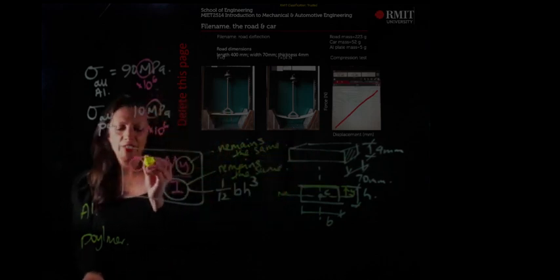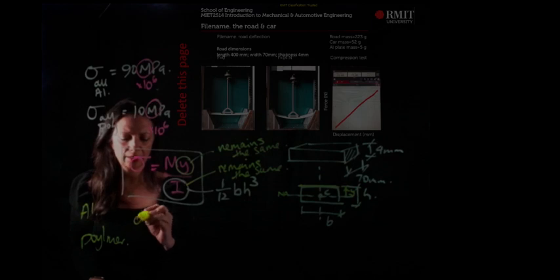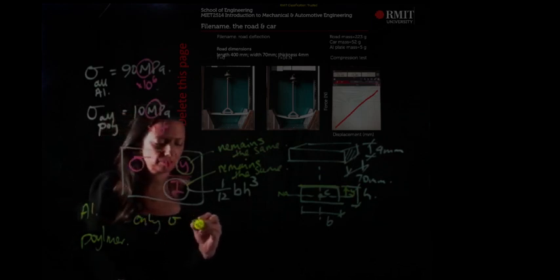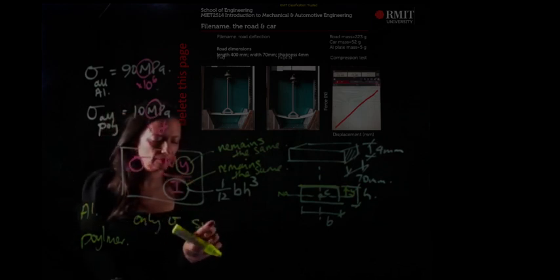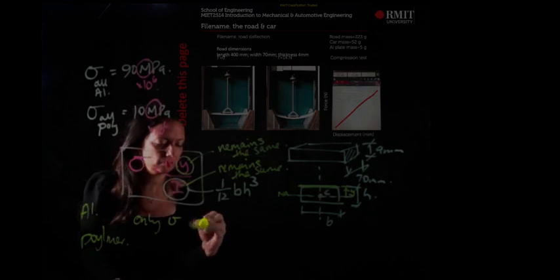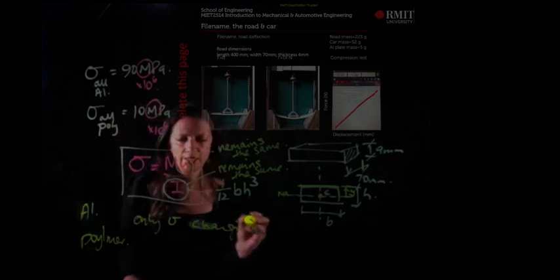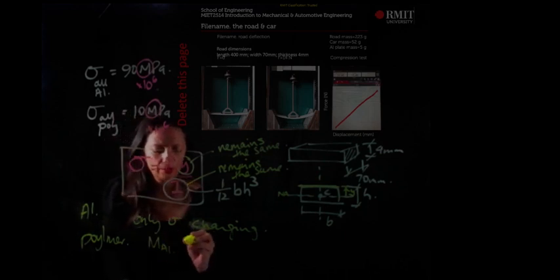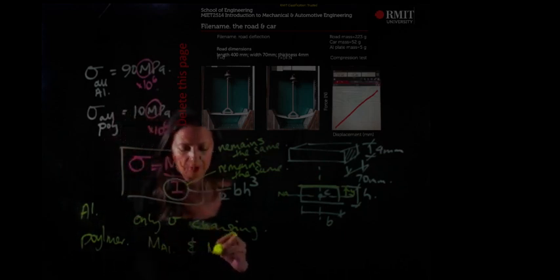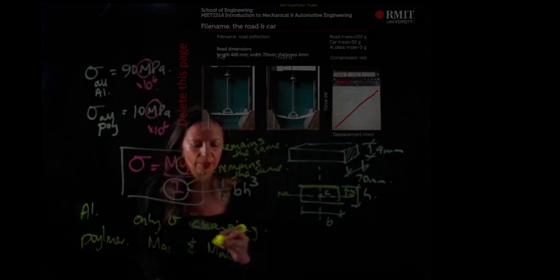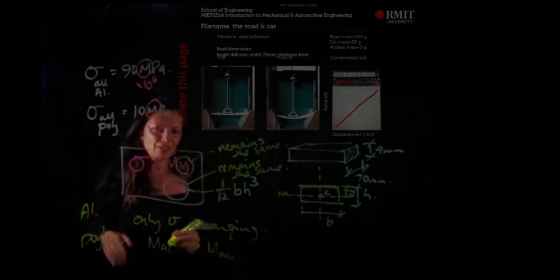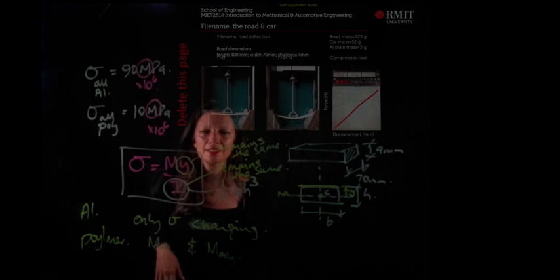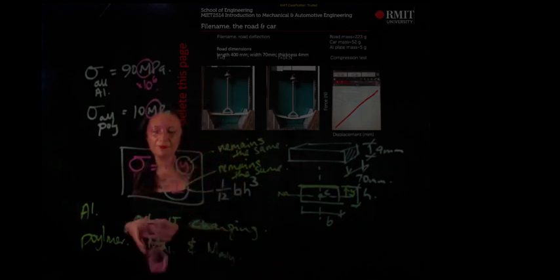So the only thing that changes is sigma. Then I can find the maximum bending moment for aluminium and the maximum bending moment for the polymer. So hopefully you guys can do that. Okay?